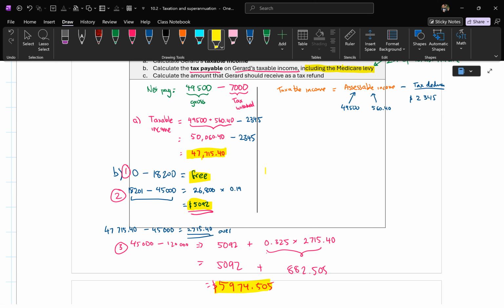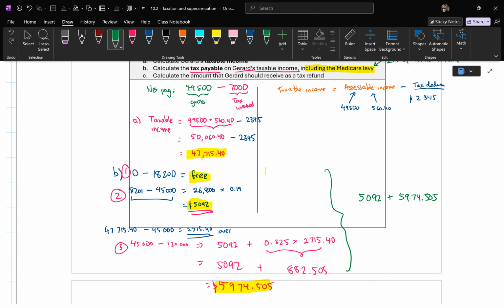So when they say in Part B, what's your taxable pay or tax payable? The tax that I'm paying is $5,092 for the second bracket plus 5,974.505 for the third bracket. Get me?